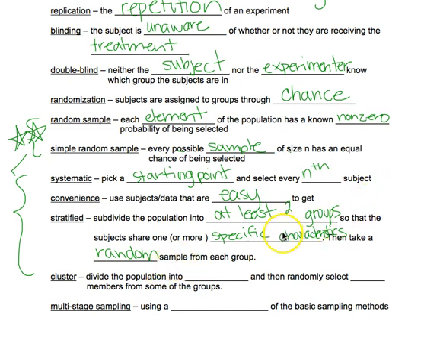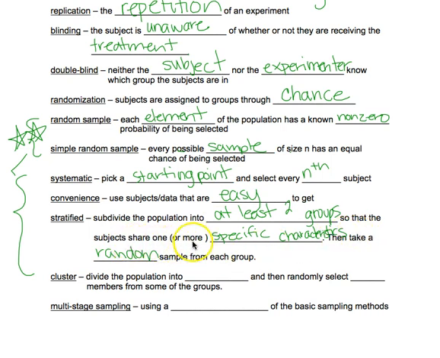But if I am dividing the students in our class based on grade level, that's at least 2 groups. Technically we could have up to 4 groups. Normally we don't have freshmen, but we could. And so we have at least 2 groups.